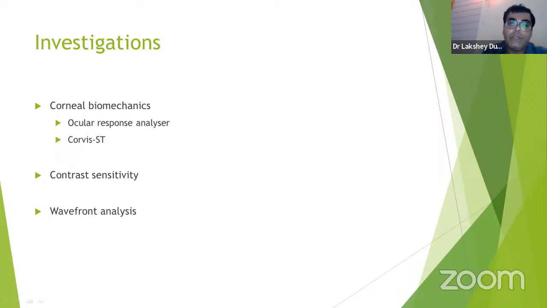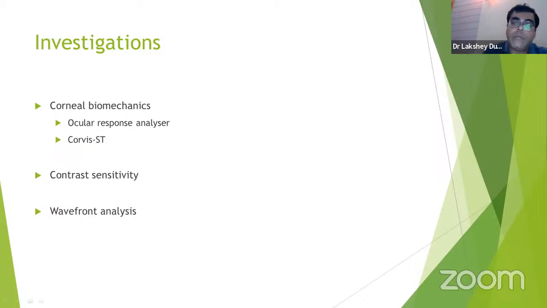What it does is throw an air puff on the cornea and judge how it deforms. So it gives an index for that. And the beauty of this is it can combine data with the tomographic data, the Pentacam D values or BAD values also.